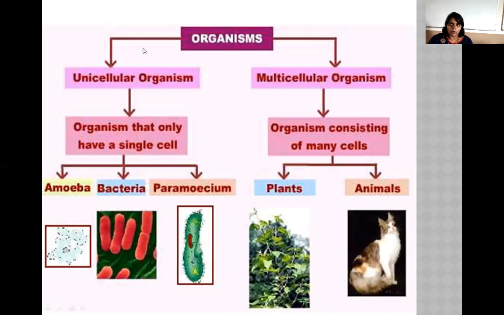Based on the number of cells, organisms can be divided into unicellular organisms and multicellular organisms. If the organism is made up of only one single cell, it is termed a unicellular organism, with examples like amoeba, bacteria, and paramecium. Whereas if the organism has many cells, it is termed a multicellular organism, which includes plants and animals.